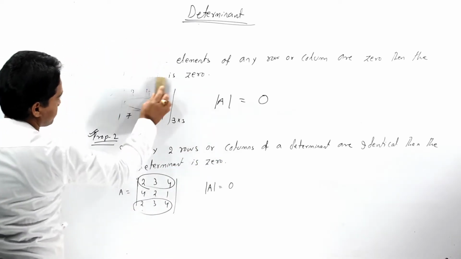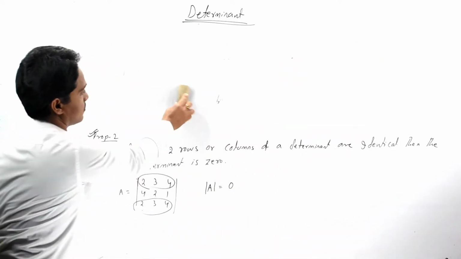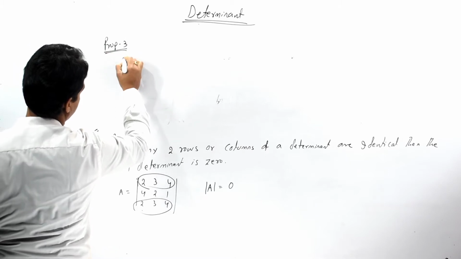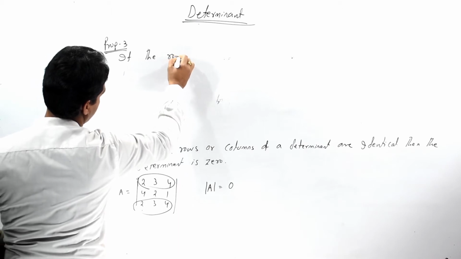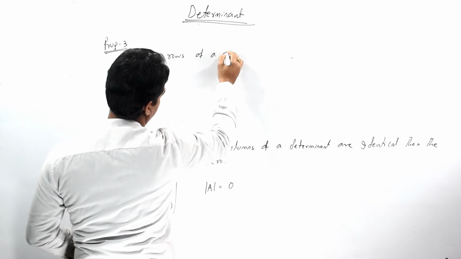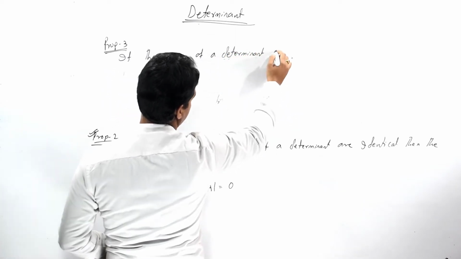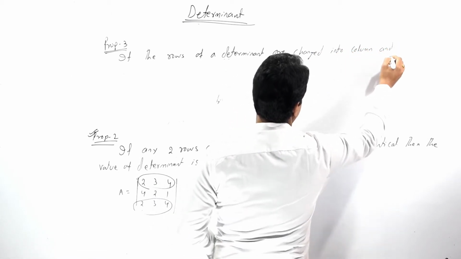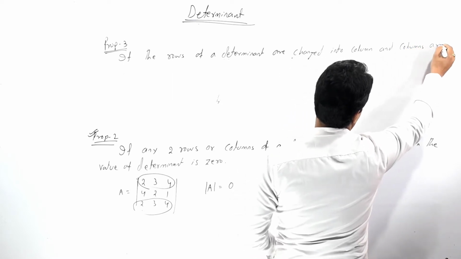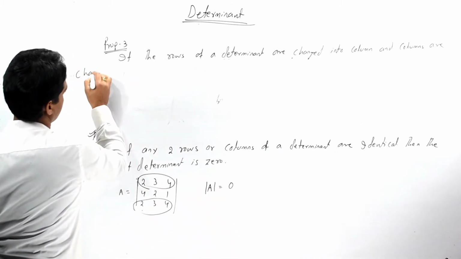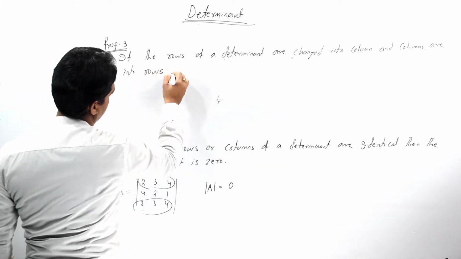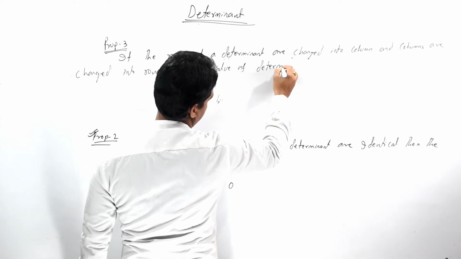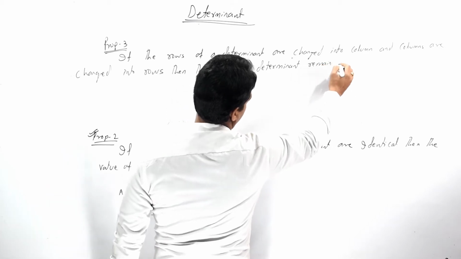The third property of our determinant is: if the rows of a determinant are changed into columns and columns are changed into rows, then the value of the determinant remains unchanged.